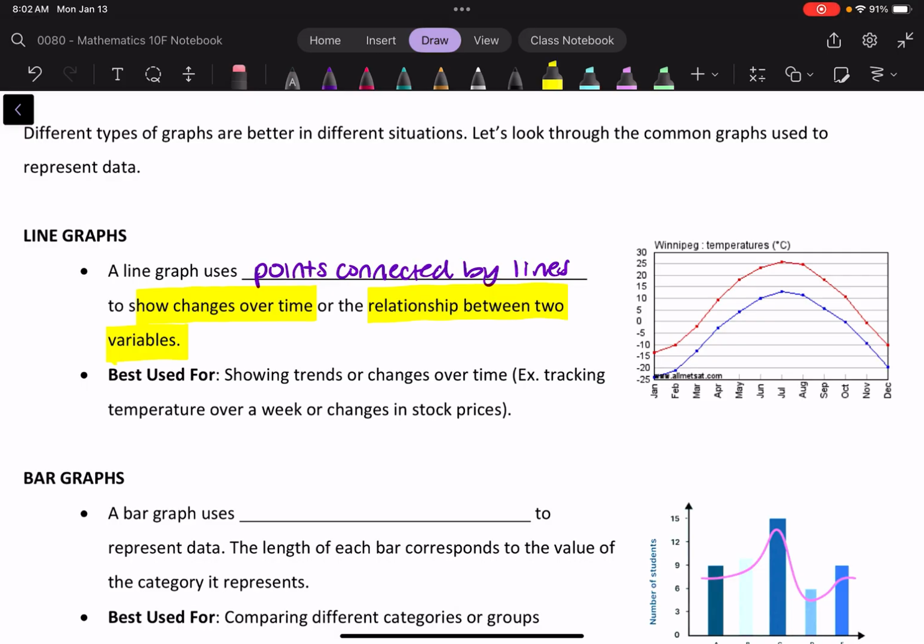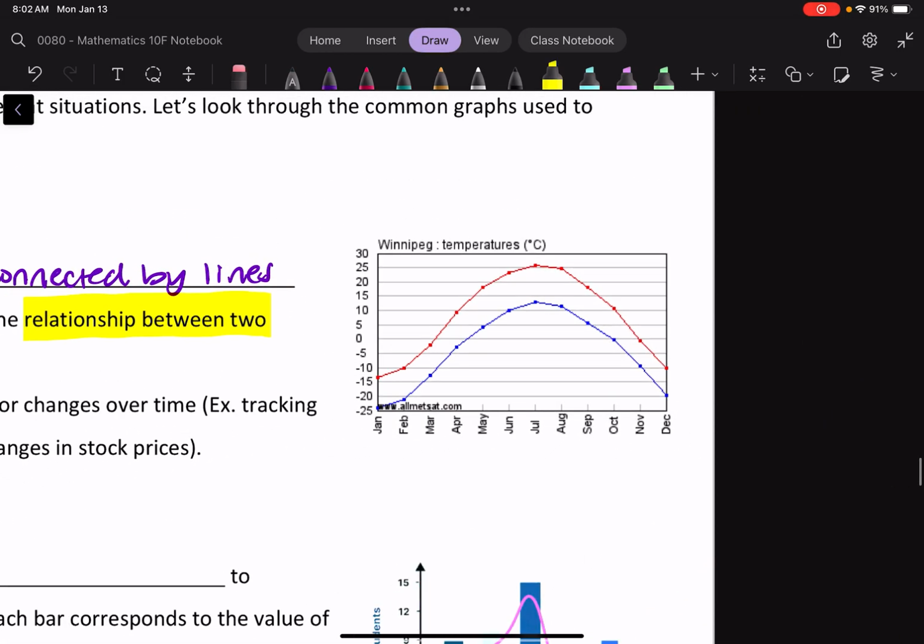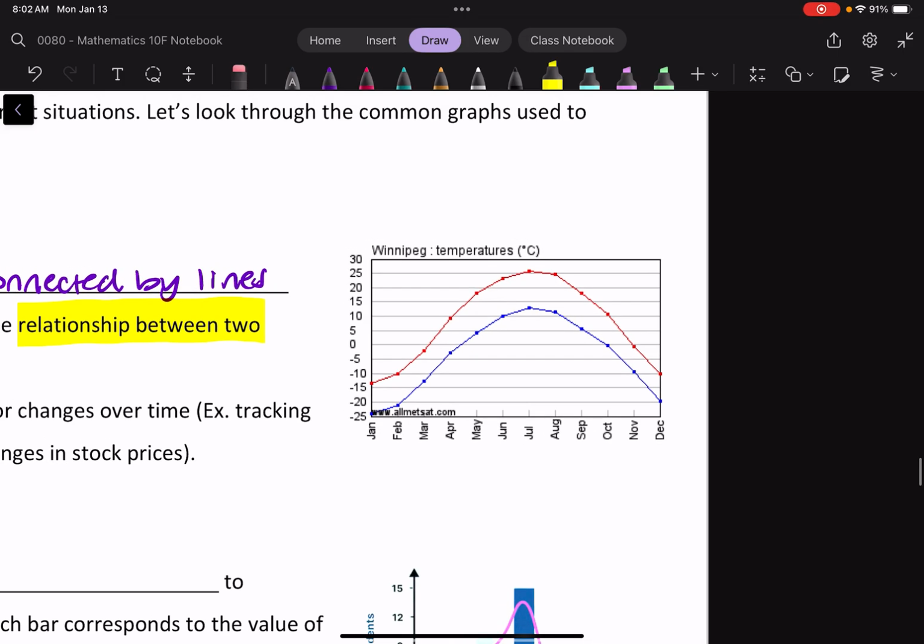Okay? So on the right here, we have a graph, and I take a look at what that graph says, or what it indicates. It looks like I have Winnipeg's temperatures measured in degrees Celsius. I have months along the bottom there, right? So I can see I have January, February, March, all the way to December. And then I have the numeric data.